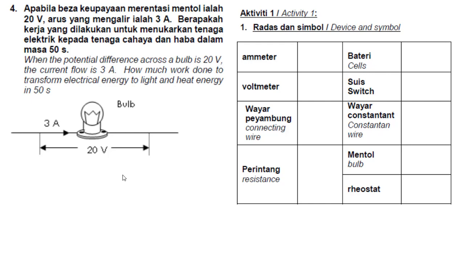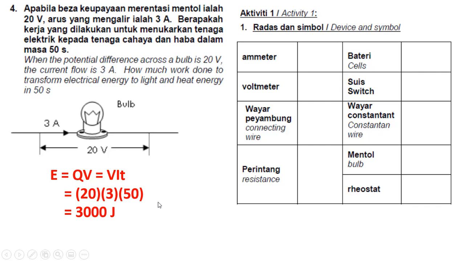But we do not know Q, but we know that Q equals IT. So we use the formula Q equals IT, and we get E equals QV equals VIT. We insert all the values: 20 is the voltage, 3 is the current, and 50 seconds is the time. So we have 3,000 joule.